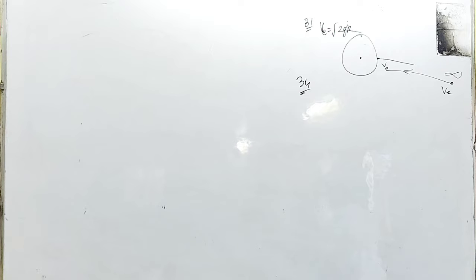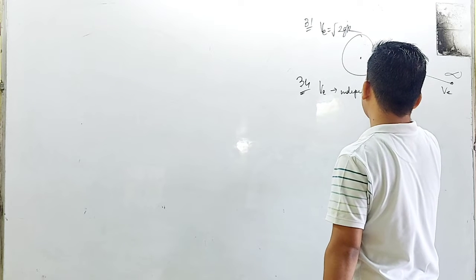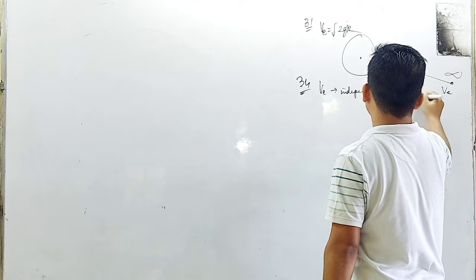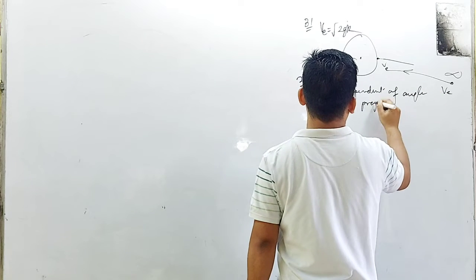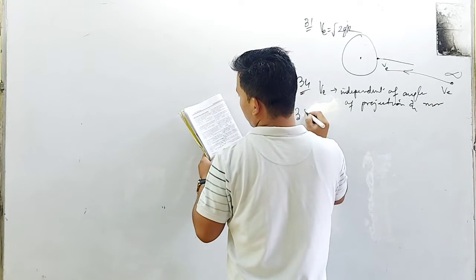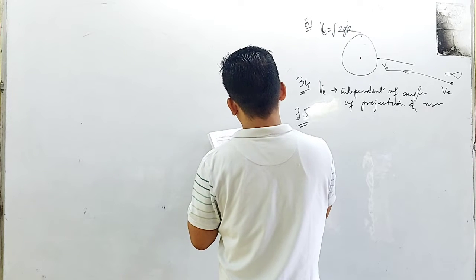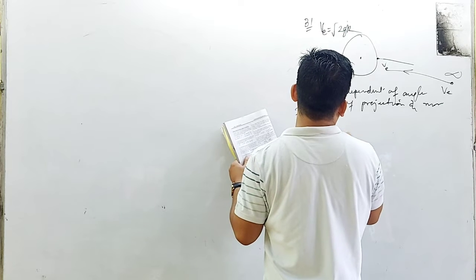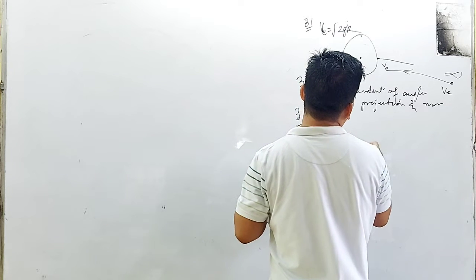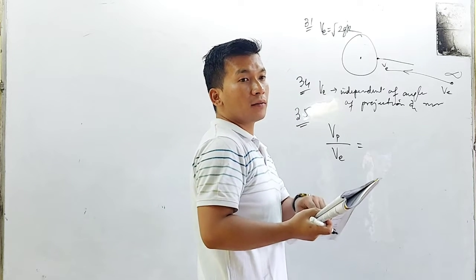Next question number 35. The escape velocity at that planet divided by the escape velocity on the surface of the earth will be equal to what? We apply the formula, where M_P is the mass of the planet.